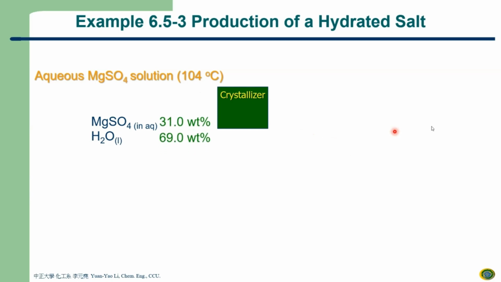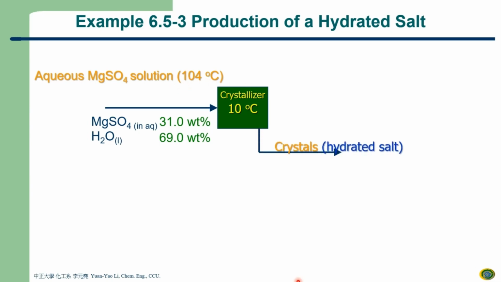We already told you that it is 31 weight percent magnesium sulfate and 69 weight percent water, and this solution will be fed into the crystallizer. And of course, the temperature drops from 104 Celsius to 10 Celsius. Obviously, you understand the crystal will come out of the solution because the solubility at 10 Celsius is lower than the solubility at 104 Celsius.